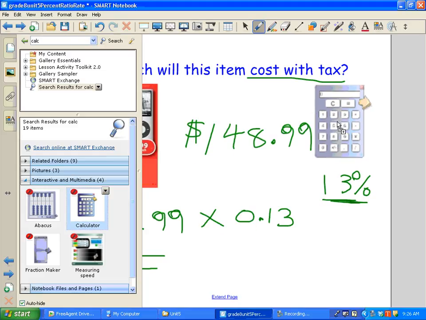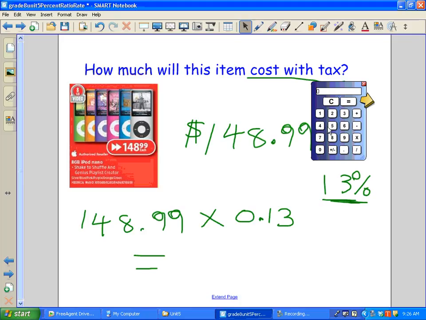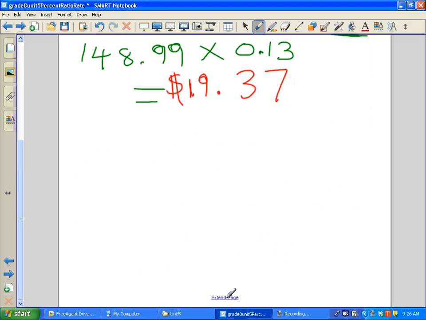When we go ahead and do that, $148.99 times 0.13, that's 13%, and we're going to pay $19 and 36 cents. Well, the next digit is an 8, so we're going to round it up to 37 cents. So that's how much extra we're going to pay.